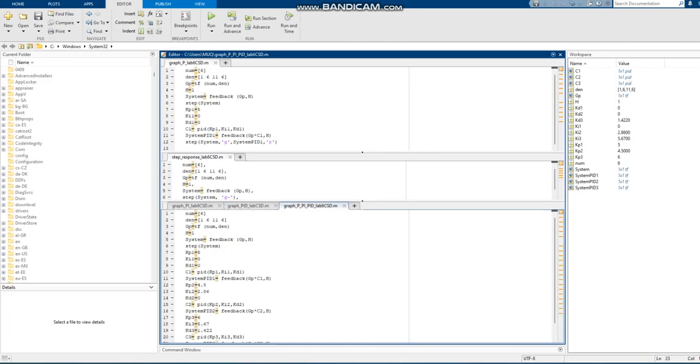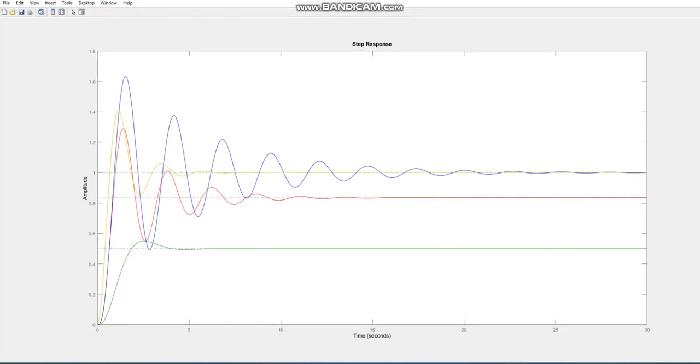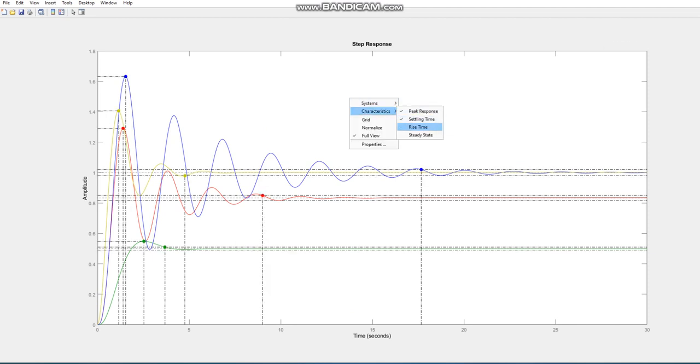For the combination of P, PI, and PID, we should use this command: step(system, 'r', 'b', 'y'). Run it, and we can see the P, PI, and PID graphs. Looking at this graph, we can compare them. What is the comparison between P, PI, and PID?